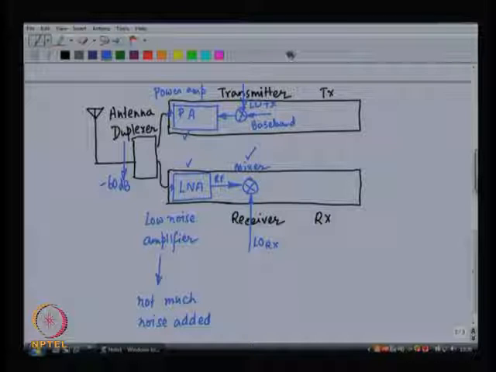And maybe when you are furthest away from the base station, the amount of power you are receiving is 100 dB less than the amount of power you are transmitting.